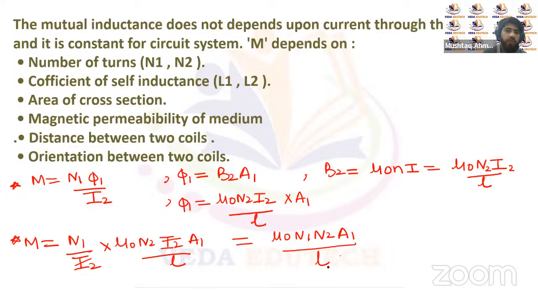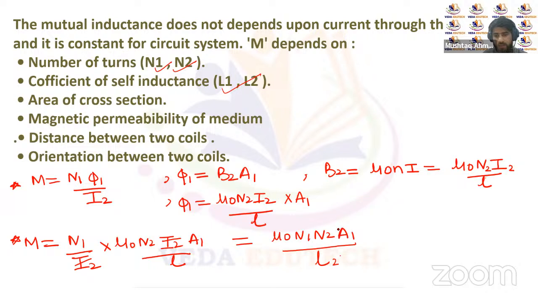It depends upon the number of turns, that is, upon N1 and N2. It depends upon the length of the conductors. Here the length was L2, so I replaced it with L2. So it also depends upon the lengths of the conductors L1 and L2, the length of the secondary coil and also the length of the primary coil.